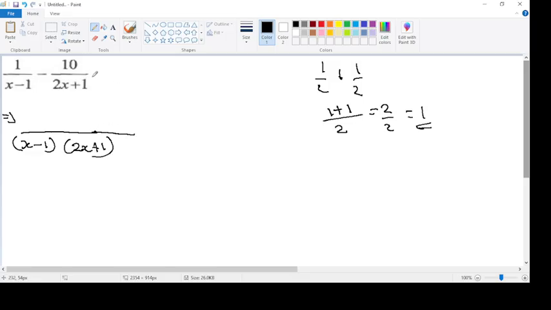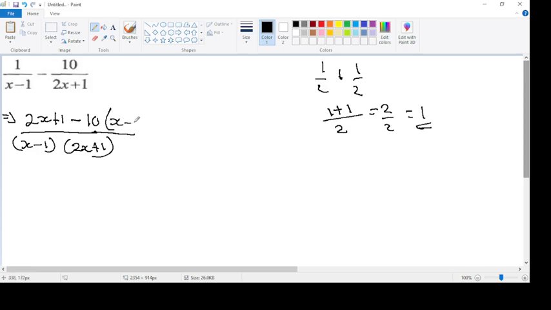From here we start dividing x minus 1 into x minus 1. These cancel, and we remain with 2x plus 1. When you multiply with 1, you have 2x plus 1 minus, then 2x plus 1 into 2x plus 1 cancels and we remain with x minus 1. So x minus 1 times 10, let's write our 10 here so that we can multiply it nicely.